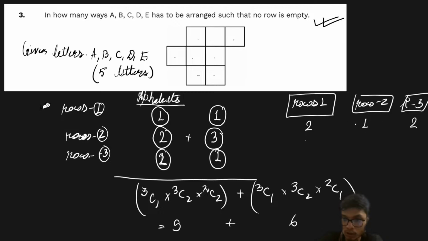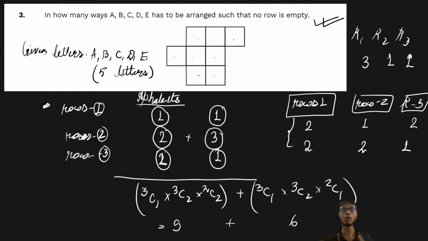Similarly, I can change these cases so this is 2 and this is 1 over here, right? So there will be 2 more cases. Again I can have cases like in row 1, row 2 and row 3, something like 3, 1 and 1, right? So it is all the arrangements of these numbers, that is 1, 2, 2, and 3, 1, 1, right?